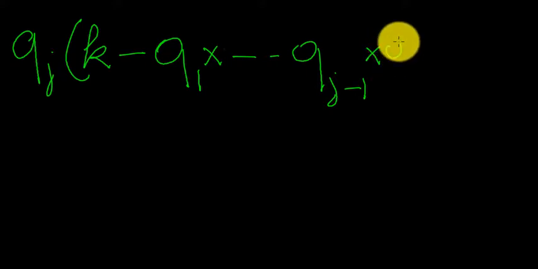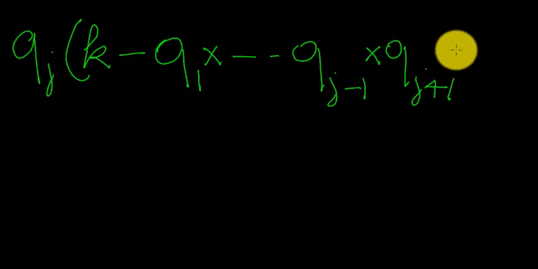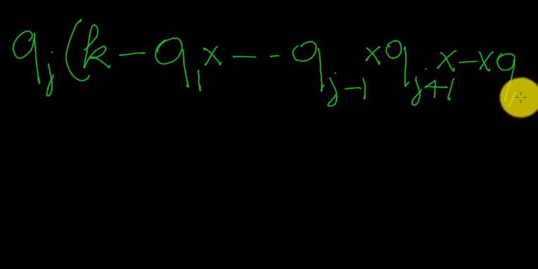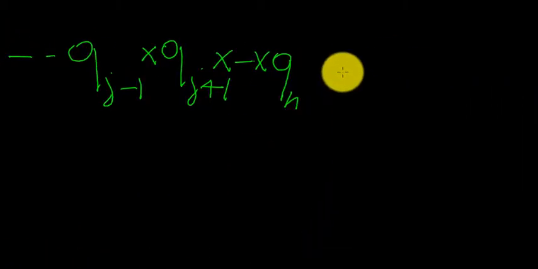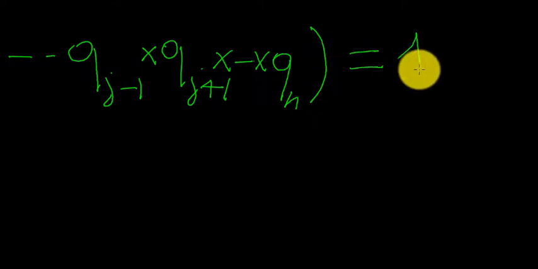So we'll start by Qj plus 1 until Qn, and this is equal to 1 actually.